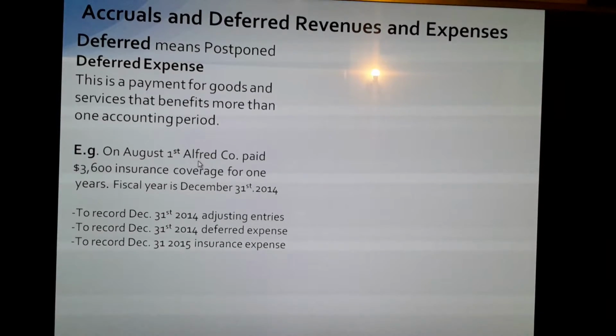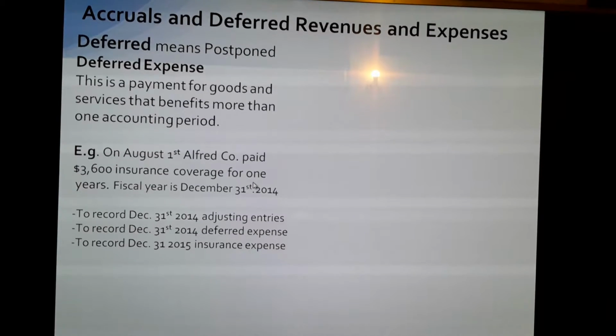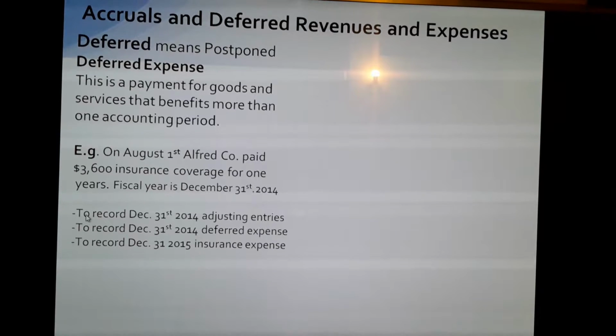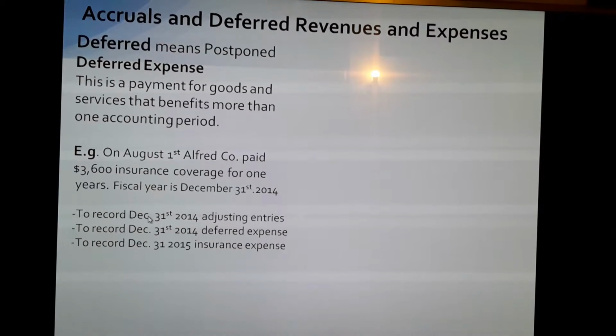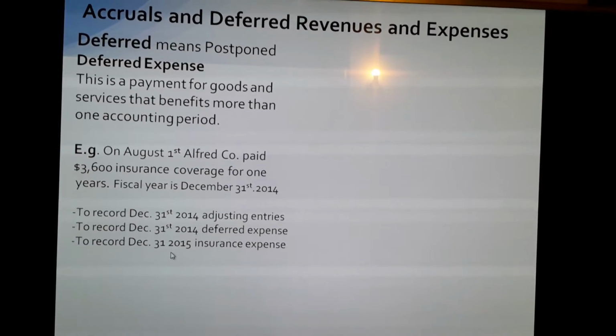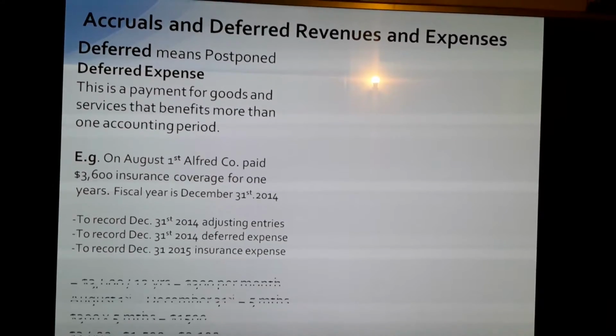On August 1st, Alfred Company paid 3,600 insurance coverage for 1 year. Okay, the fiscal year was 2014. So they require us to record the December 31st adjusting entry, December 31st 2014 deferred expense, and to record December 31st 2015 insurance expense. Let's see how we handle this example.